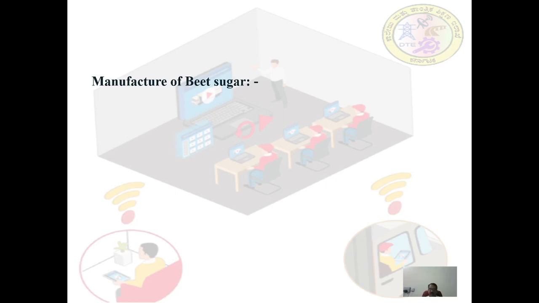Purified juice is concentrated in multiple effect evaporators up to 70% sugar content, then decolorized by passing over bone char, and then crystallized in a vacuum pan crystallizer, where sugar crystals are formed.